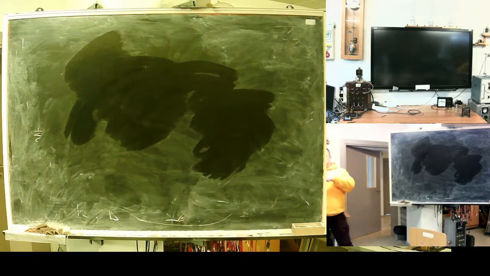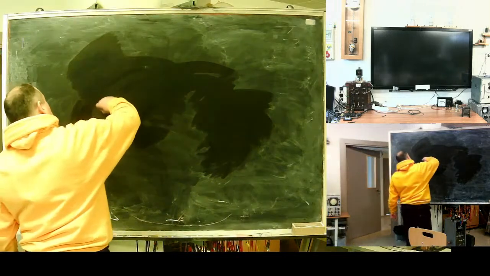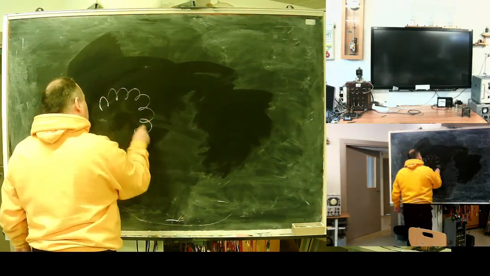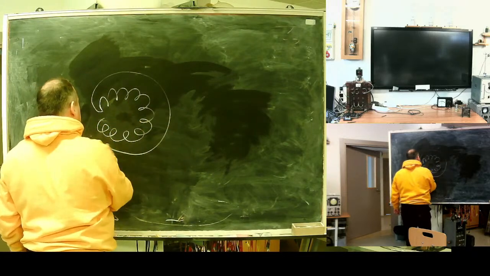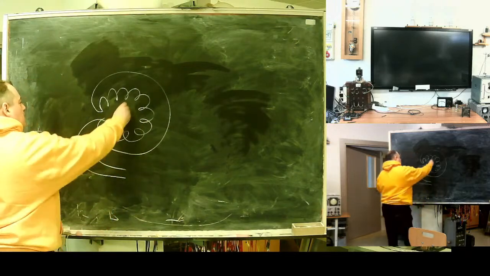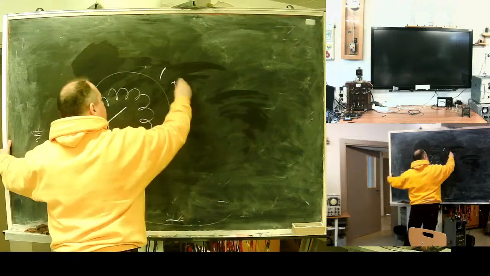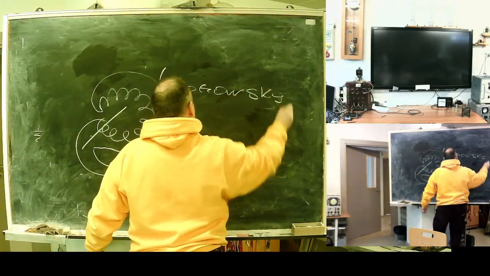You put it around the wire, like a plastic pipe. Here should be the wire. Rogowski coil.